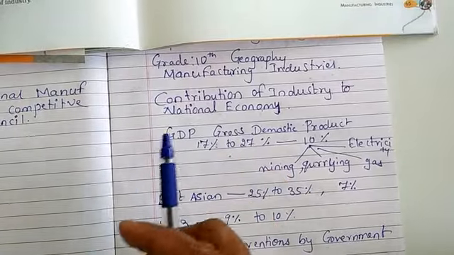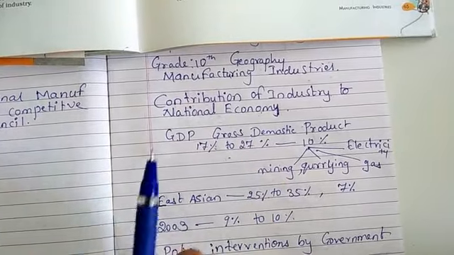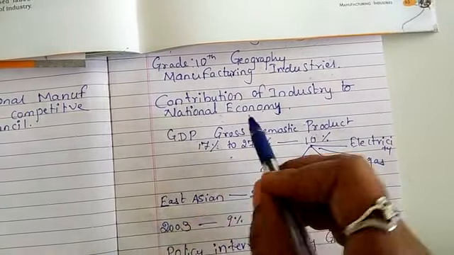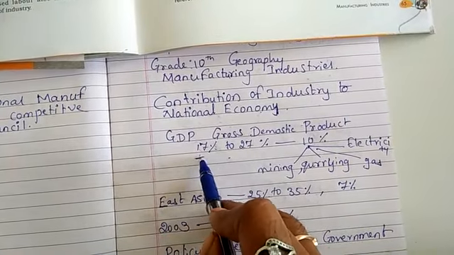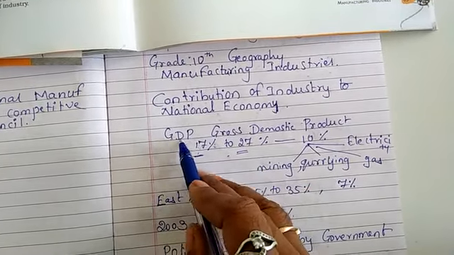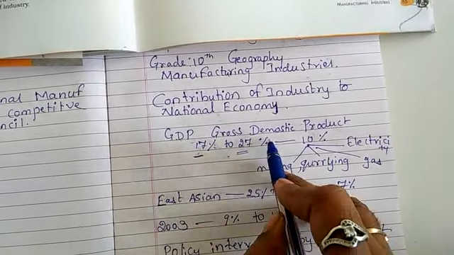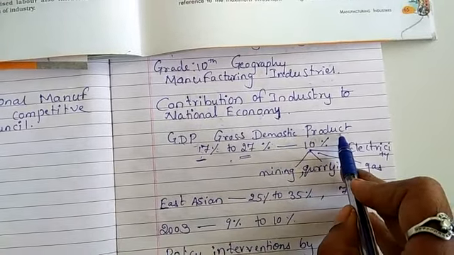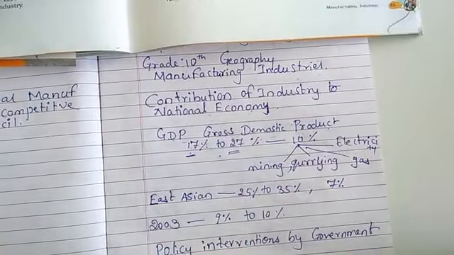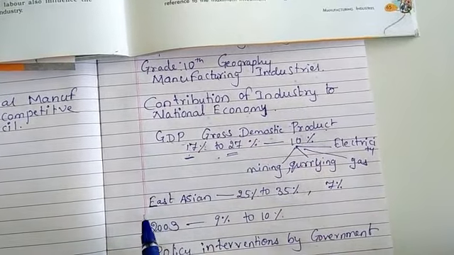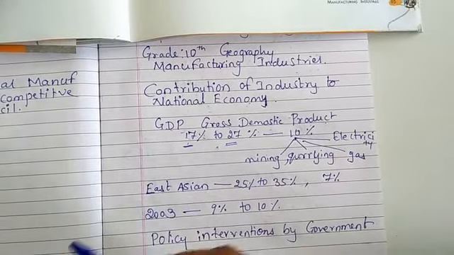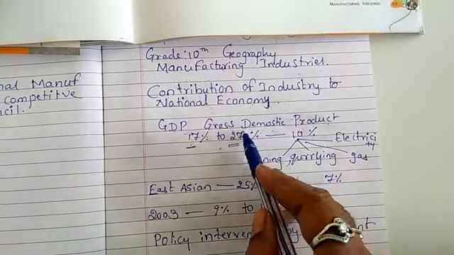In the national economy, the manufacturing sector contributes 17% to 27% of the GDP, the gross domestic product. The gross domestic product includes many things of day to day life, for example agriculture and farming, which give domestic product.